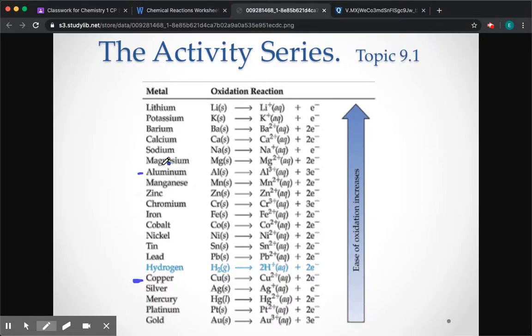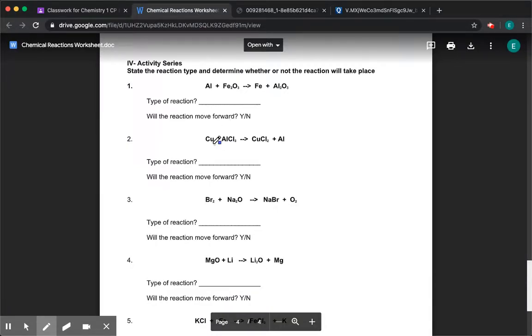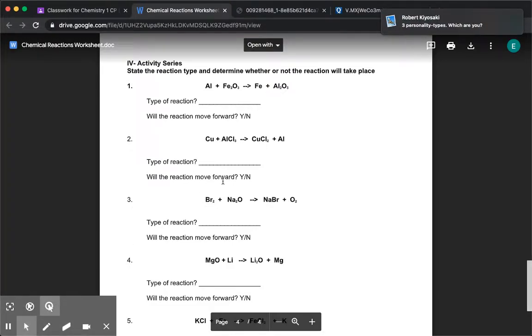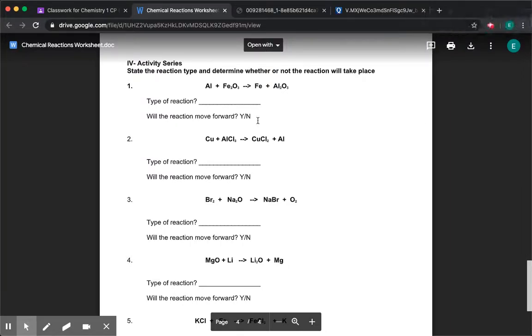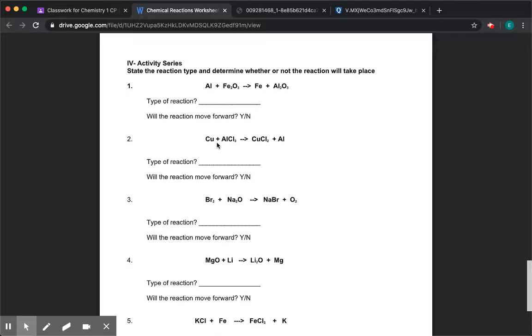So aluminum is a lot more reactive than copper is. So because aluminum is a lot more reactive, that means the copper cannot kick out the aluminum, because the aluminum needs the partner more, okay? Aluminum needs the partner more. So this reaction cannot happen.